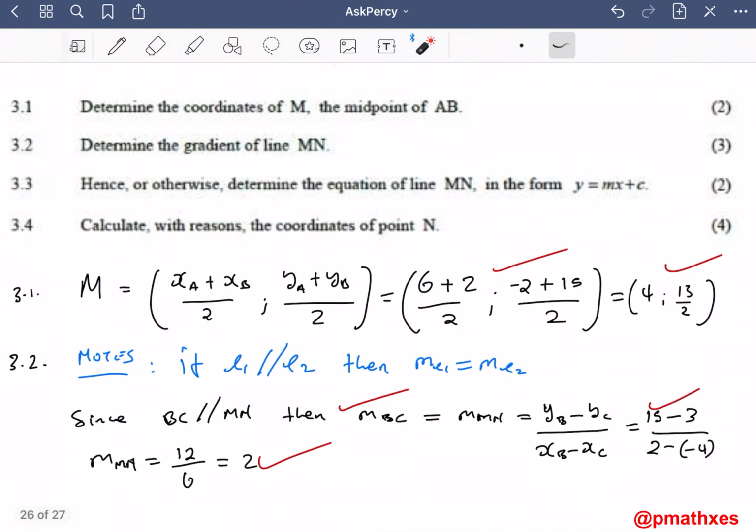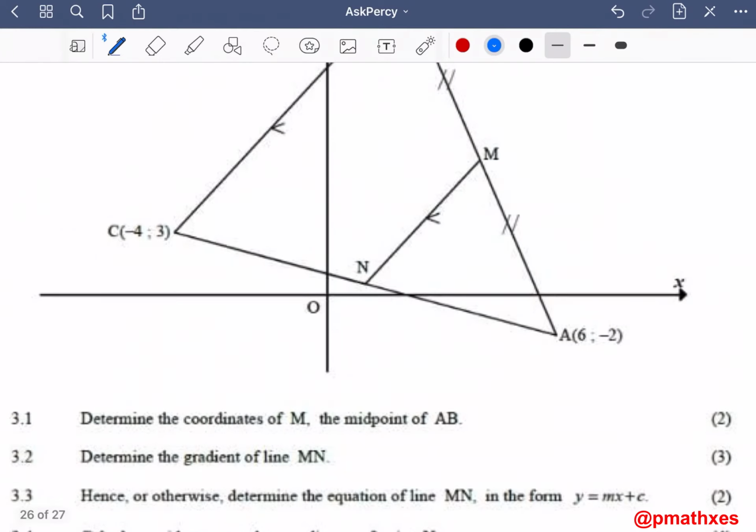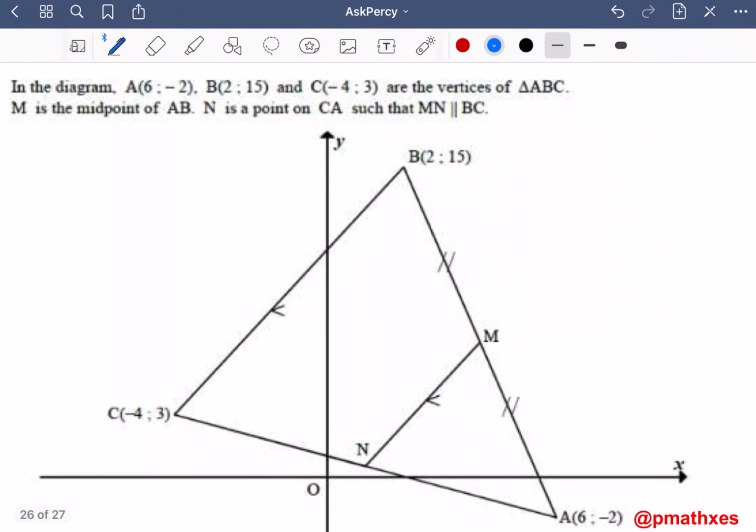So how do you find the equation of a line? There are a couple of things to note. When you find an equation of any line, let me just write it somewhere here. When you find the equation of a line, we want to write it in this form.